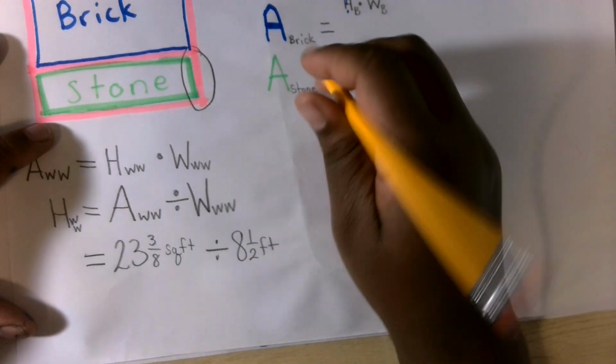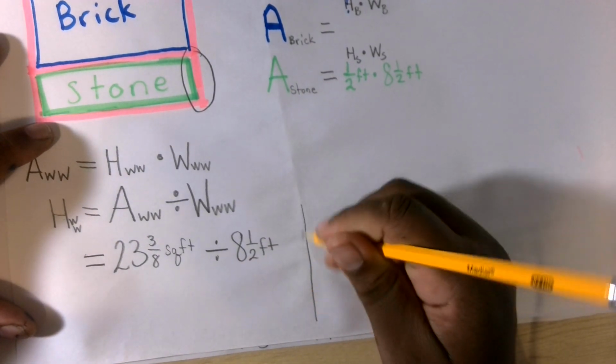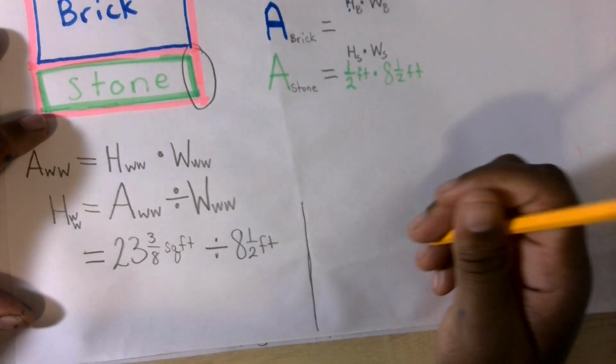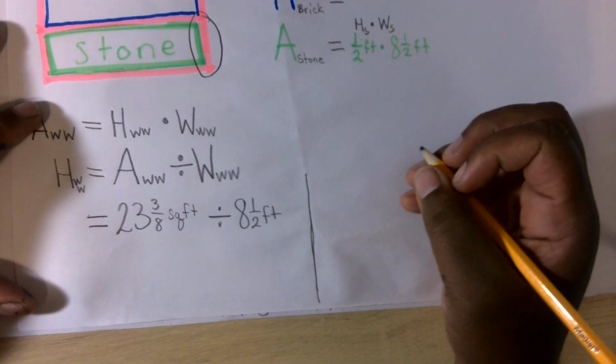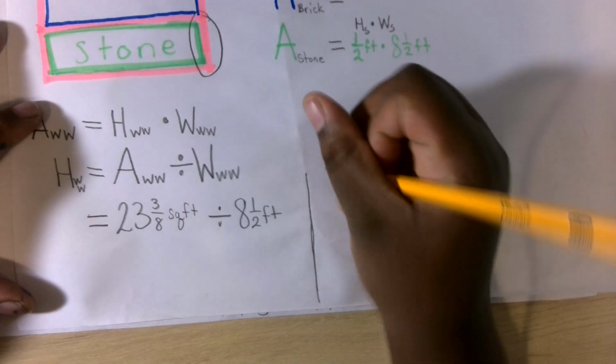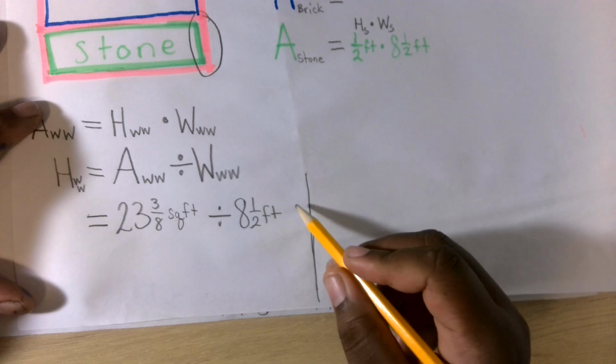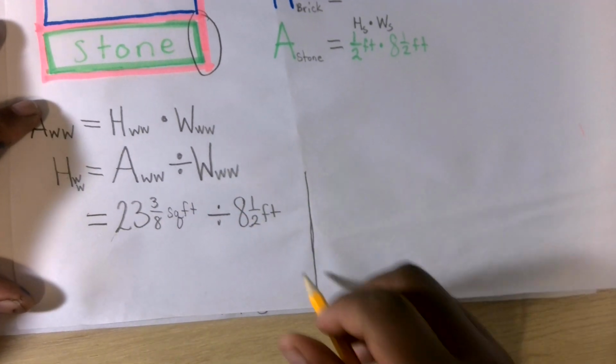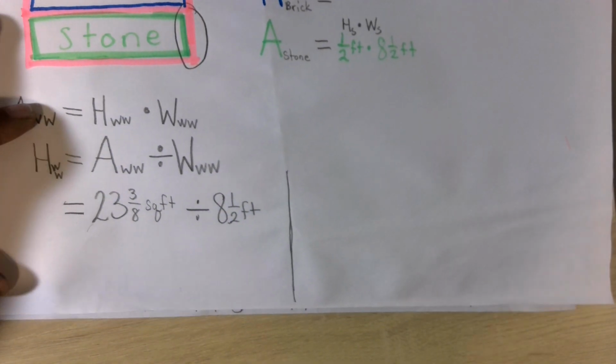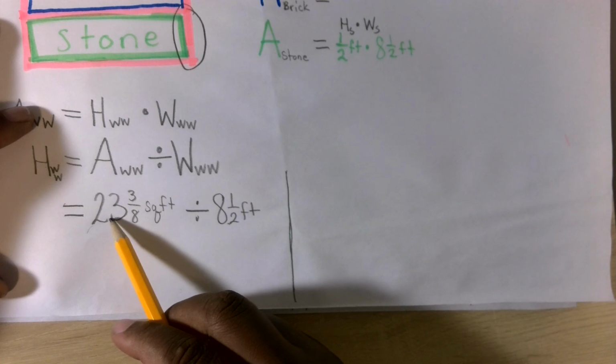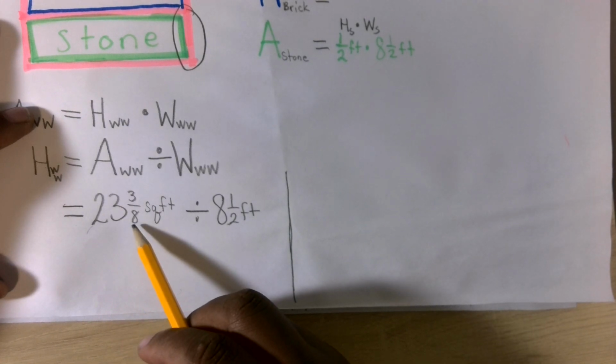So I'm going to come over here and do a side calculation, neatly. I need to divide. These are mixed numbers. I'm going to convert my mixed numbers into improper fractions. 23 whole units, I'm going to convert them into eighths.